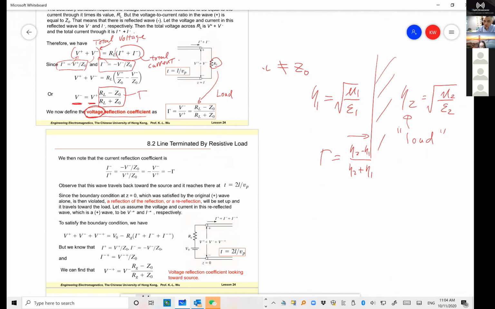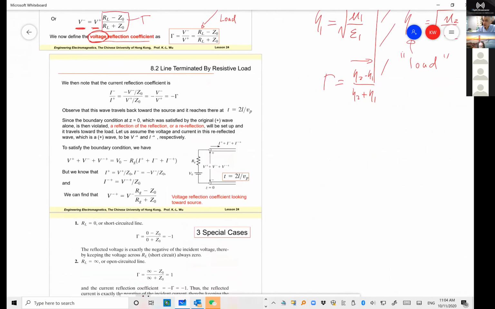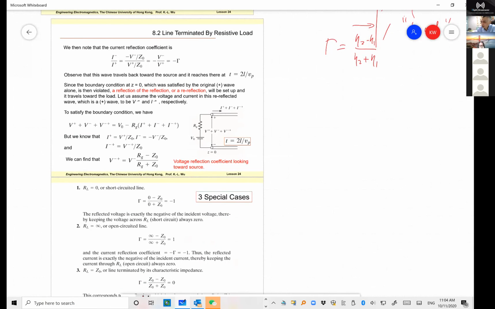But if you like to handle the current, if you really love to define a reflection coefficient for current, that's fine. But that is simply related to the reflection coefficient for voltage by a minus sign, by minus 1.